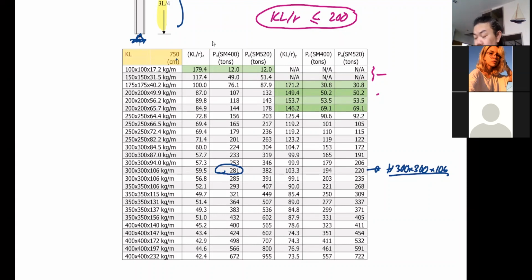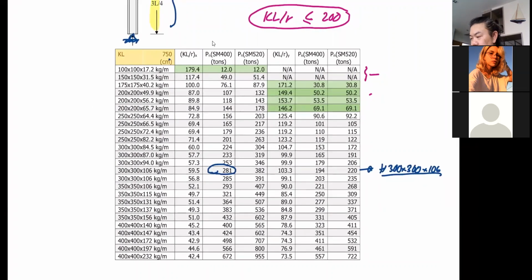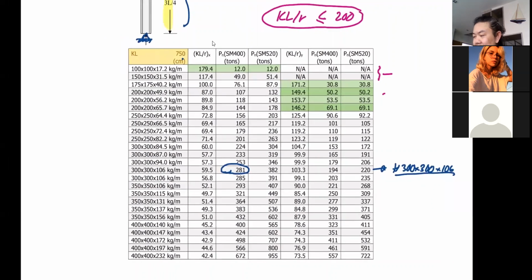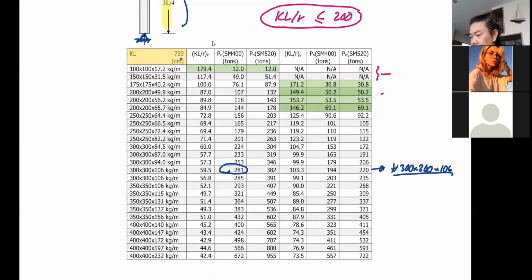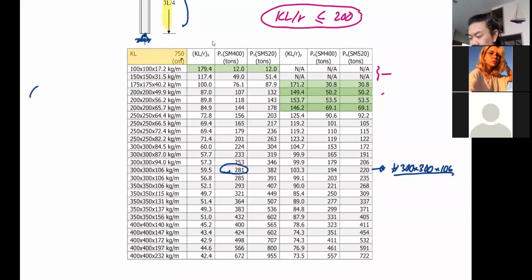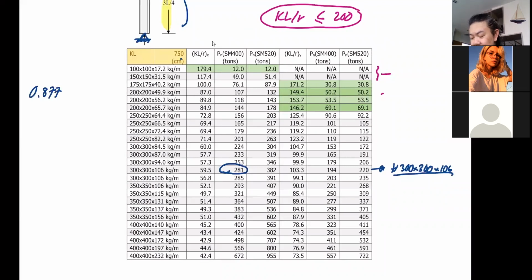And when you calculate the strength of the compression member in the elastic region, it is only this, right? It's 0.877 multiplied by elastic buckling stress, correct? Fe, which is pi square E over (KL over R) square, right?